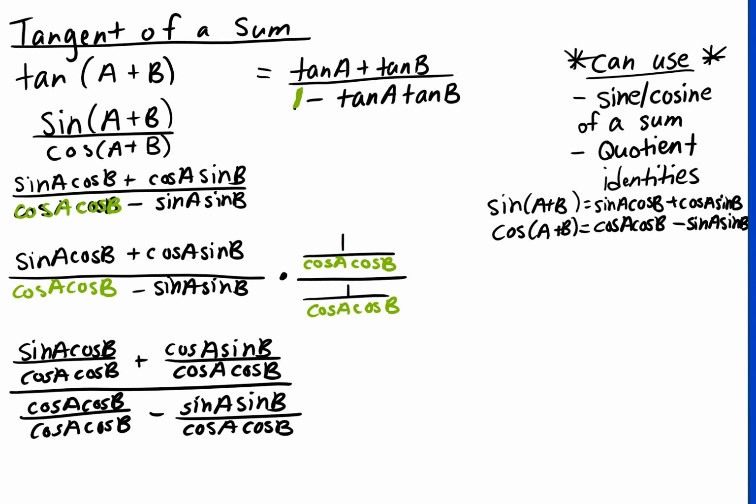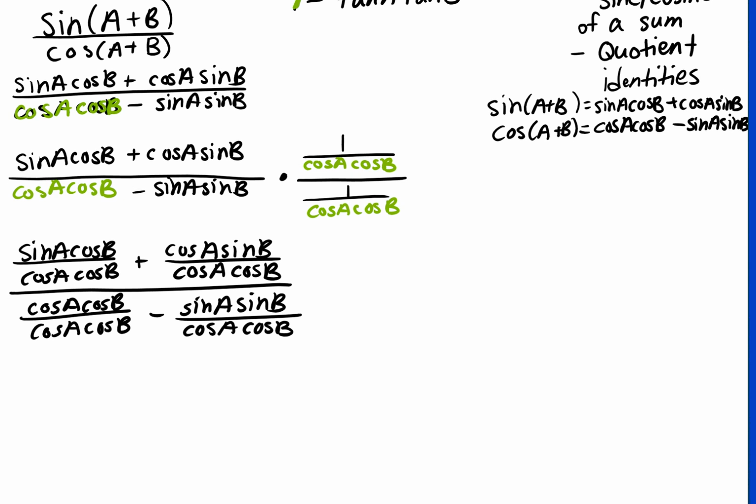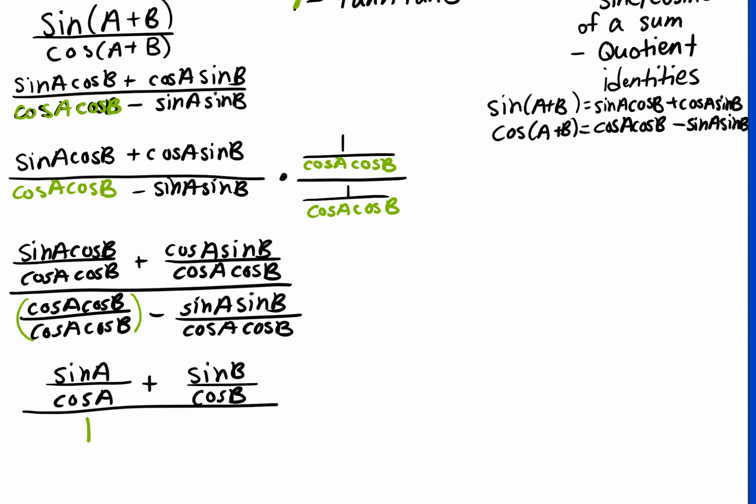Okay, so the first thing I'm doing is simplifying anything that will cancel out into 1. So if I cancel out the cosine B's on top, I'm left with sine A over cosine A. If I cancel out the cosine A's, I'm left with sine B over cosine B. The entire thing right here cancels into a 1, which is what I was looking for.